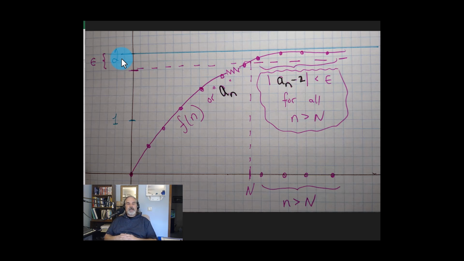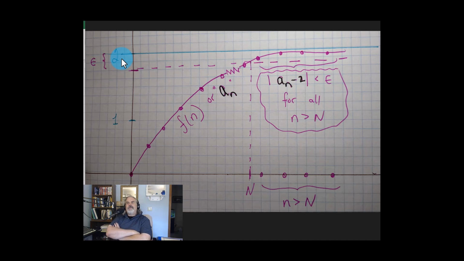Right? And here's how the skeptic could do that. The skeptic could say, okay, fine. I want you to get me within 0.1 of 2 for every single result beyond a certain place. And we would be able to say, calculate, okay, as long as we start picking values bigger than 5,000, we're always going to be within that range of 2. And the skeptic could say, well, that wasn't very impressive.